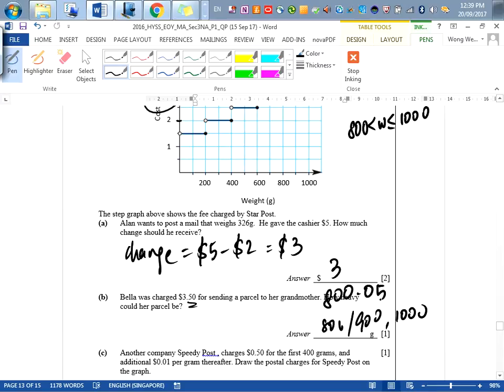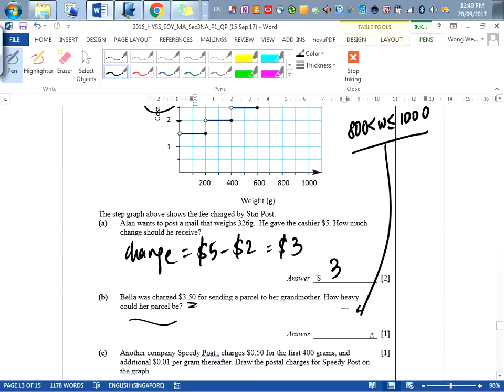As long as you do not select 800. Yes, Afiq? You have more than one answer for this. Yes. How heavy could it be? You are expected to give one value. So I will accept anything within this range.